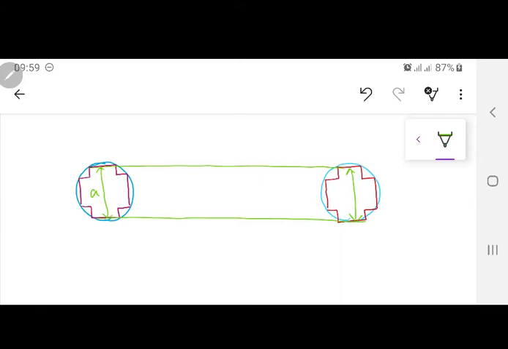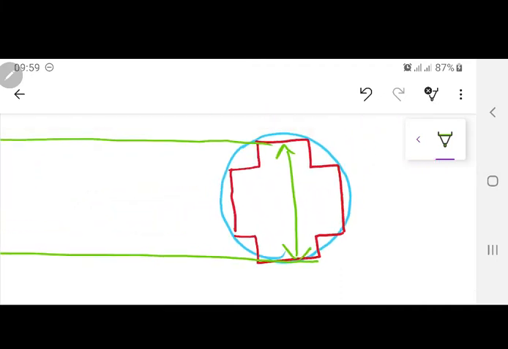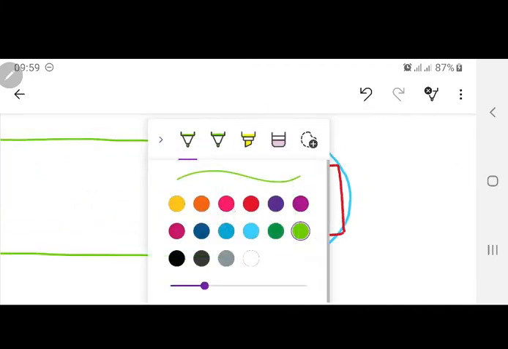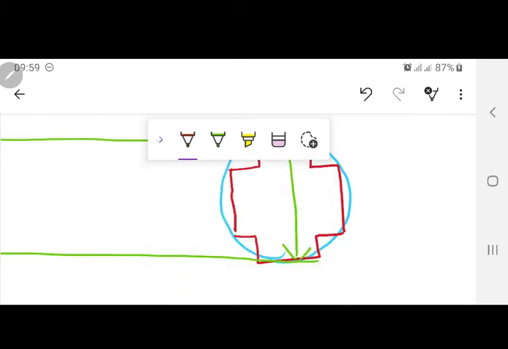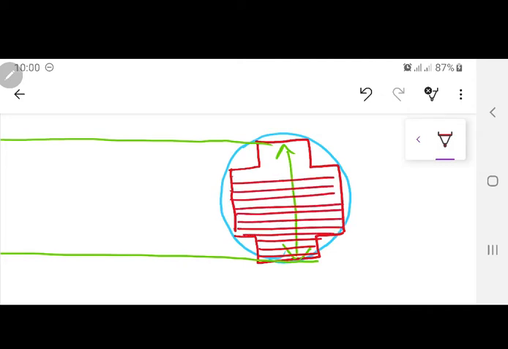So the yoke is going to be just a rectangular piece of lamination. Again, it will be lamination. This is very important. Let me draw the laminations inside this one. Supposing these are laminations over here, like this.